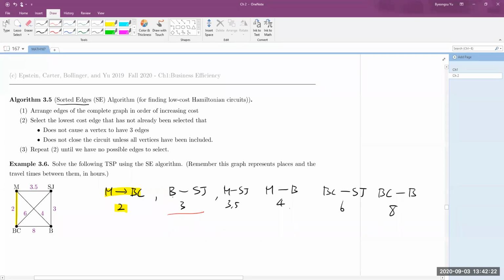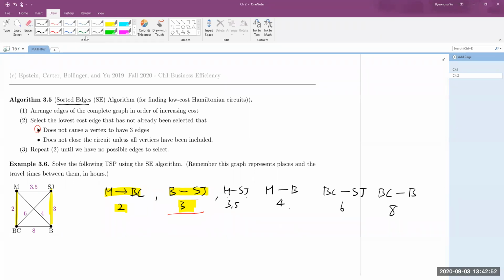So it satisfies the first condition that if we add this edge from Barbados to San Juan, then no vertex has 3 edges. Also, there are no circuits here, so we can choose this edge in our choices. So we can just choose it. And next one is Miami to San Juan. And again, just ask the same question.